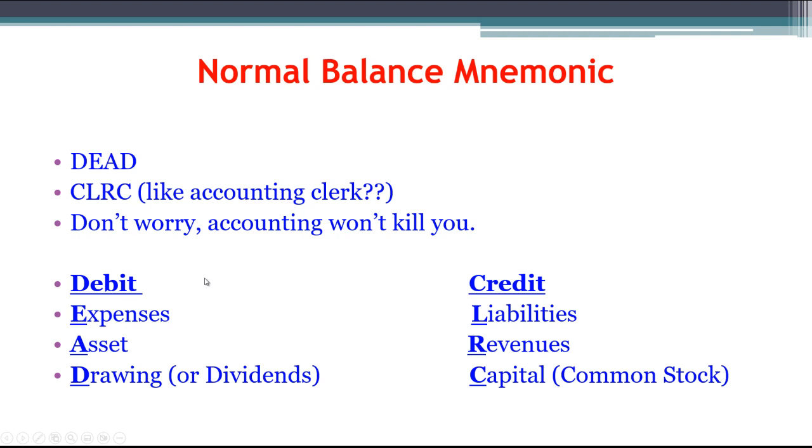The remaining 3 accounts fall under the clerk mnemonic. It's not a perfect word, it's missing some letters, but the credit accounts include liabilities, revenues, and capital or common stock. So here we're saying that the normal balance of these accounts, these ones are debit, these ones are credit. That tells you what to do to increase that account.